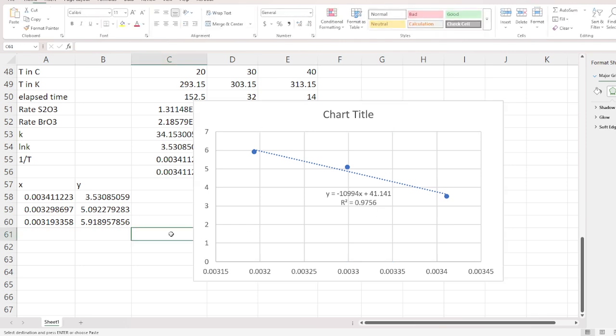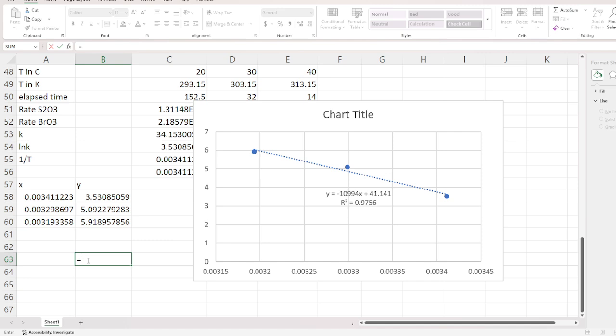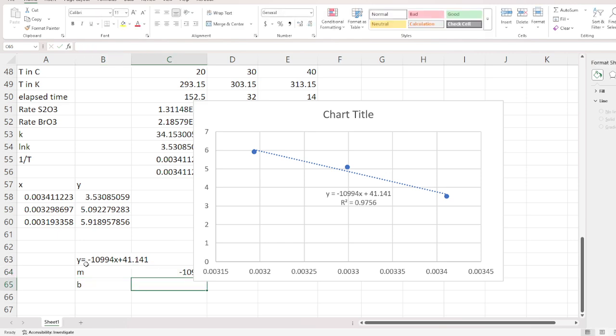Now with that in mind, my equation for this line is y equals negative 10994 x plus 41.141. So my slope is negative 10994. My y-intercept b is 41.141.